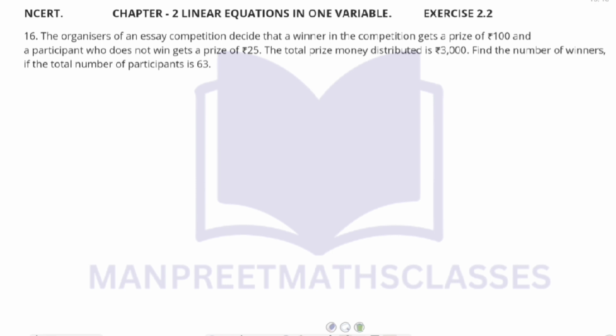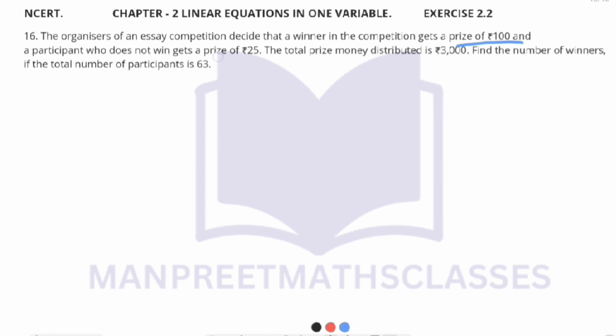So our next question is, the organizers of an essay competition decide that a winner in the competition gets a prize of rupees 100. एक competition है, उसमें winner को 100 rupees मिलेंगे. And a participant who does not win gets a prize of rupees 25.